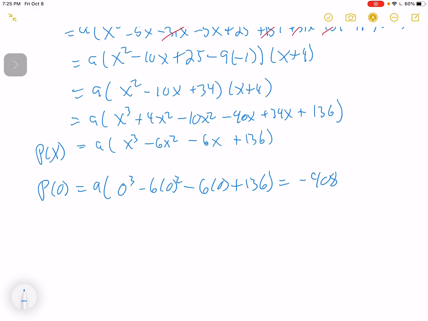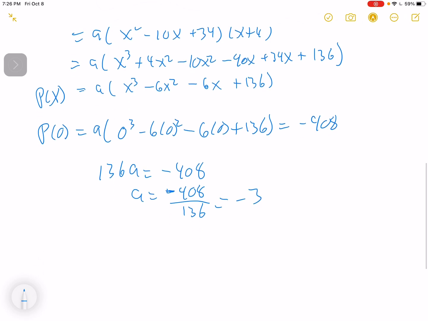So we have that 136a equals negative 408. So a would be negative 408 divided by 136, which is what? I think it's 3. Maybe there's 3, so it's negative 3 there.